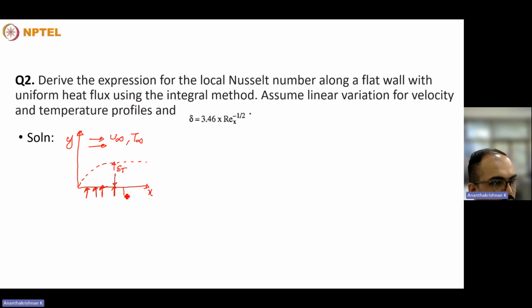It's a constant heat flux boundary condition, so we can write q double dash is equal to constant. The wall temperature keeps on varying with respect to x.